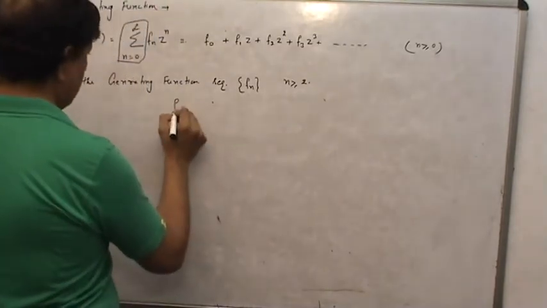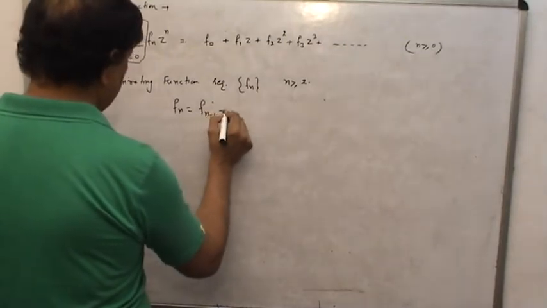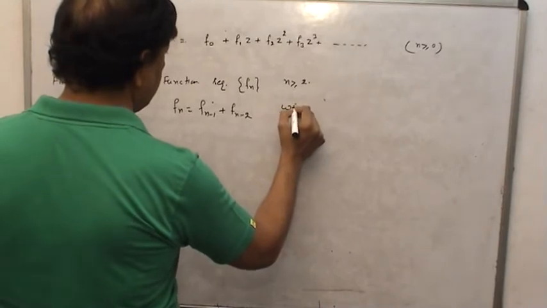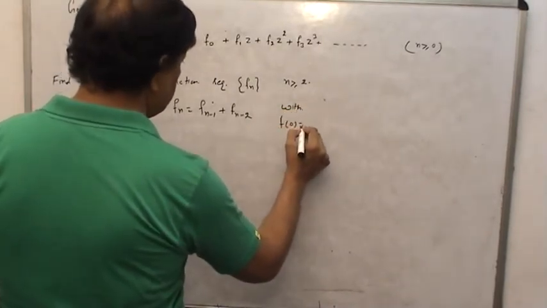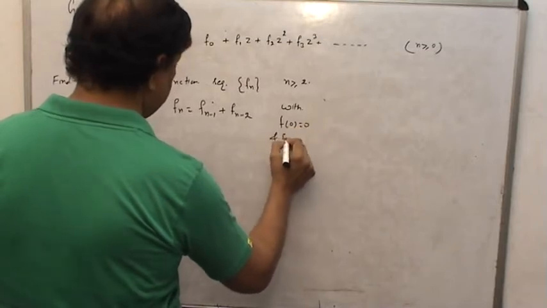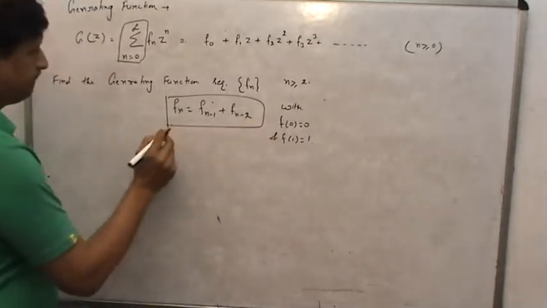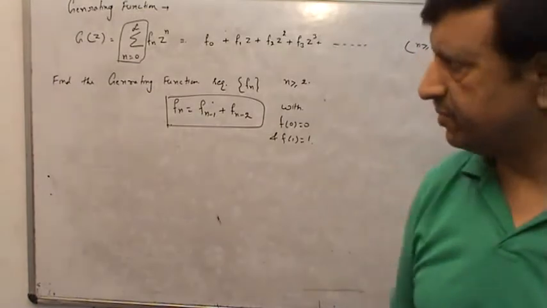It means f_n is equal to f_(n-1) plus f_(n-2) with conditions f0 is equal to 0 and f1 is equal to 1. We know it is a standard Fibonacci sequence.